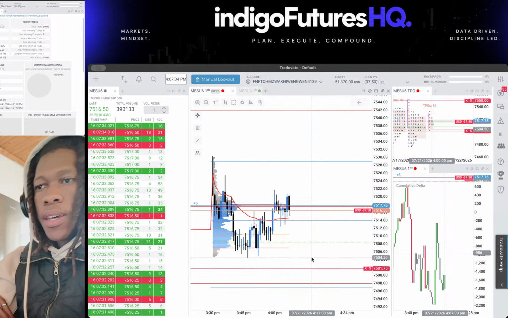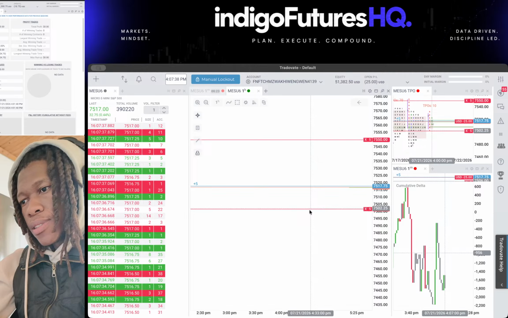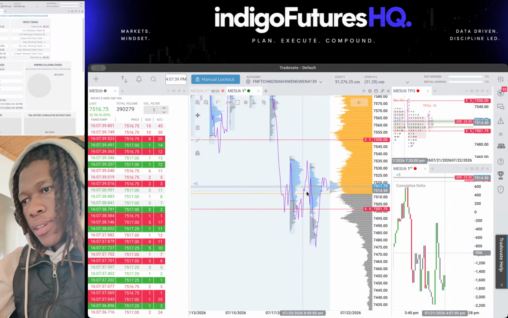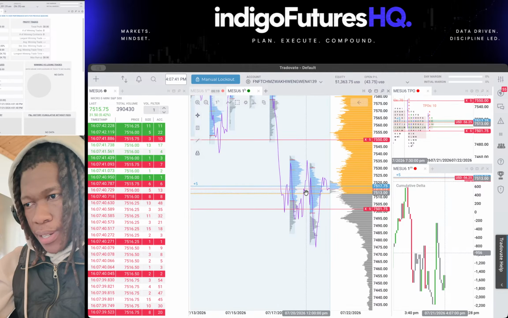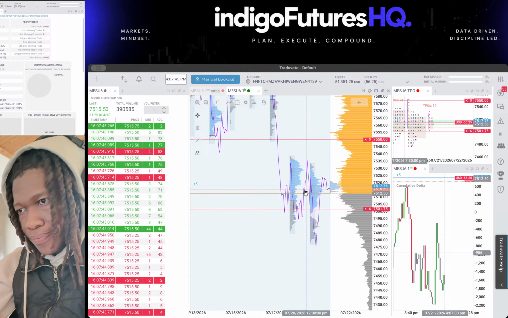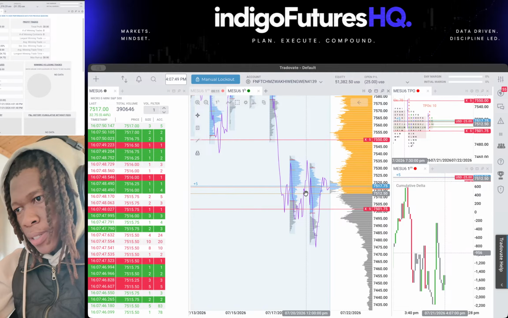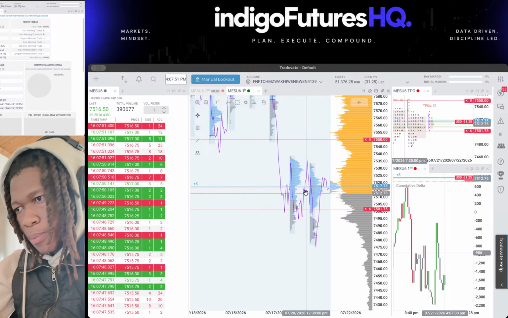And also, I mean, we are inside the composite's value levels now, right? 512 is a value area low. So if we can hold inside 512, above 512, and then go.